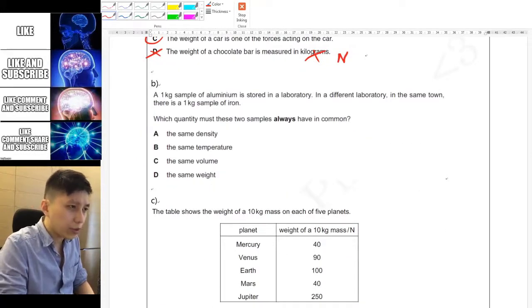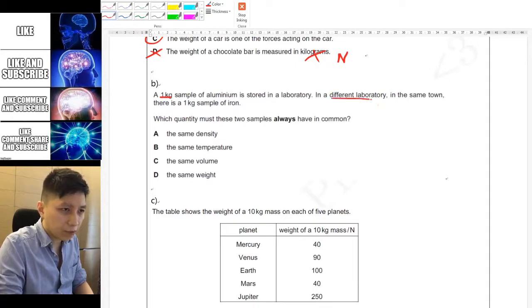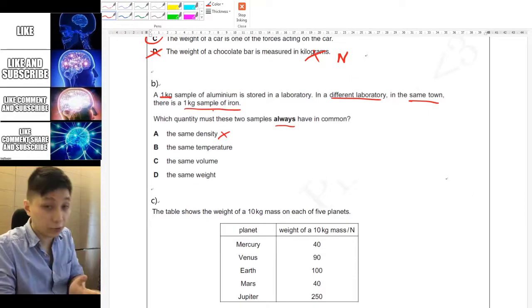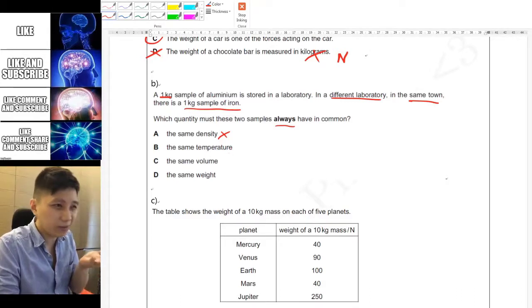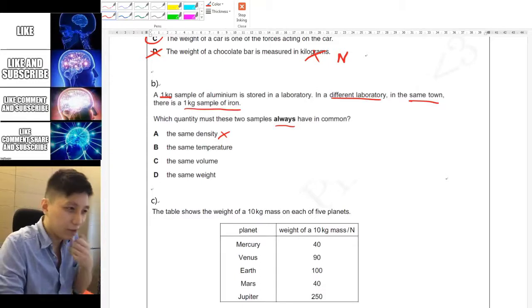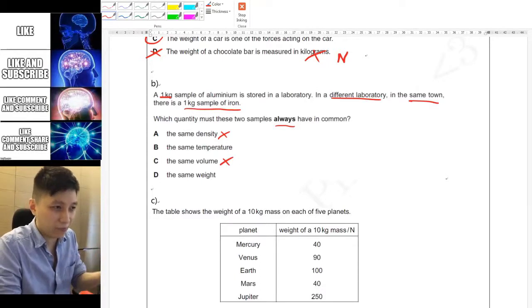Question number 2. A 1 kg sample of aluminium in one lab, and in the same town, a 1 kg sample of iron. Which is always having in common the same density? Of course not. Density depends on the material, so they are not the same material. Same temperature, maybe, depends. If you switch on the aircon, then they could be different. Volume is not, because they are already not the same density.